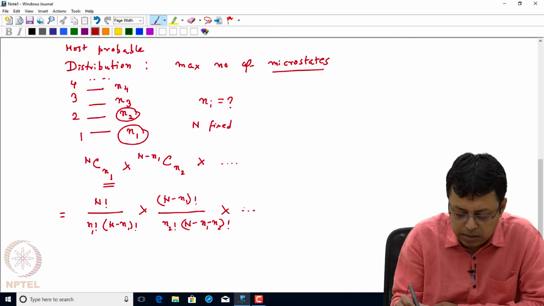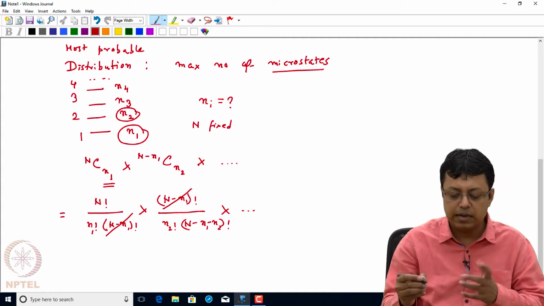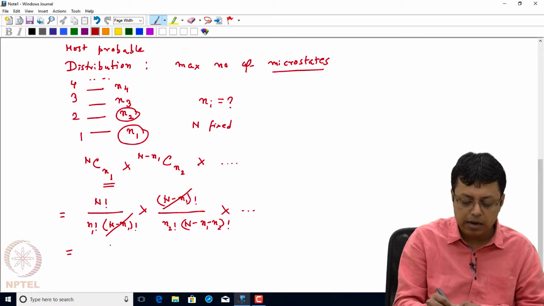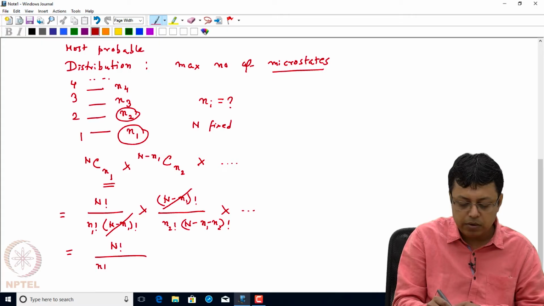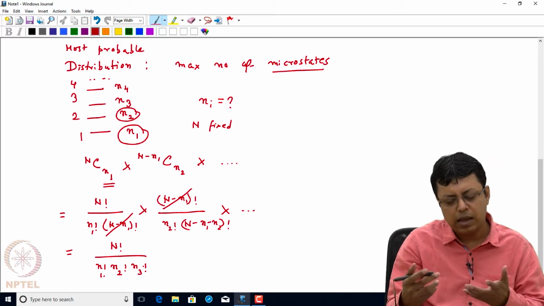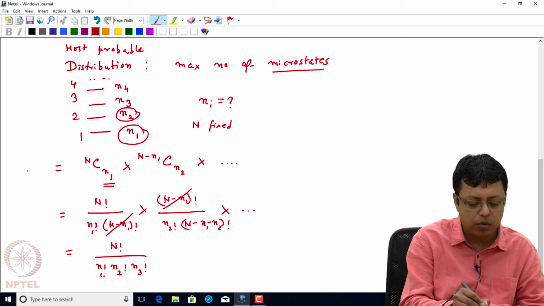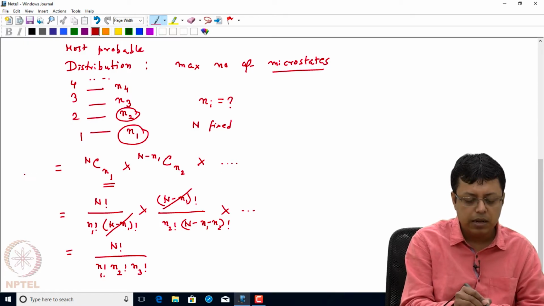That way we will proceed, and you will easily figure out that these factorials get cancelled, and ultimately at the end of the day what you will get is N factorial divided by N1 factorial into N2 factorial into N3 factorial, and so on. That will be the total number of microstates in that distribution.